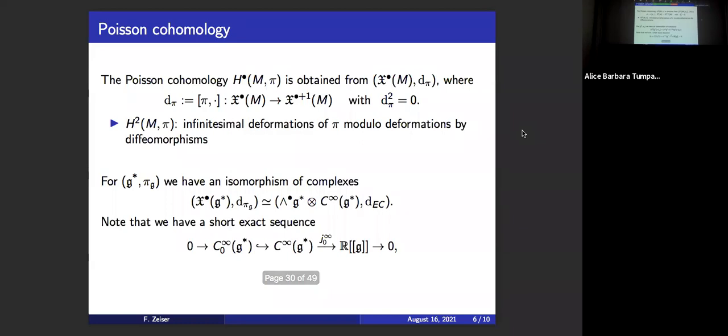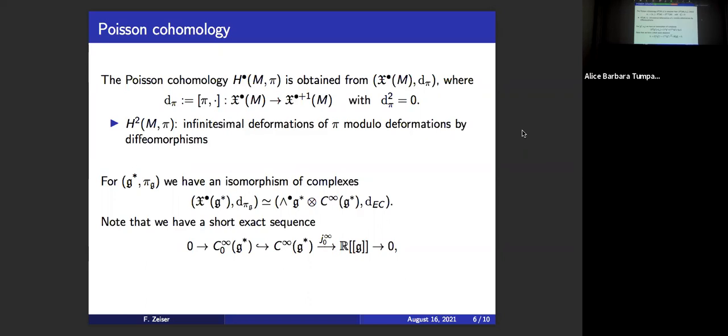Okay, and what will be important for us is the following short exact sequence. Here in the middle, we have the smooth functions on the dual of the Lie algebra. And here we map with the infinite jet map at 0 to the formal power series. So this is just taking the Taylor series of a function at the point.